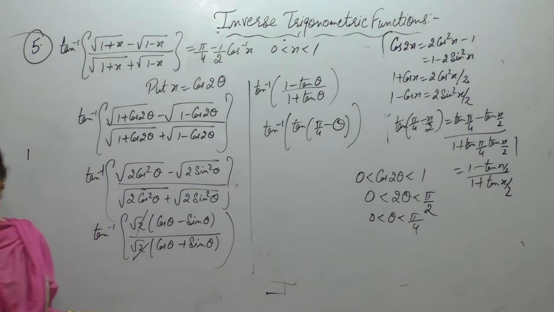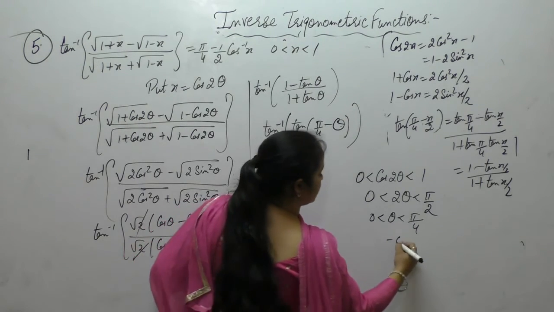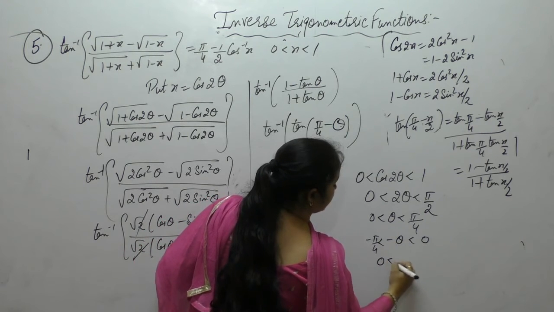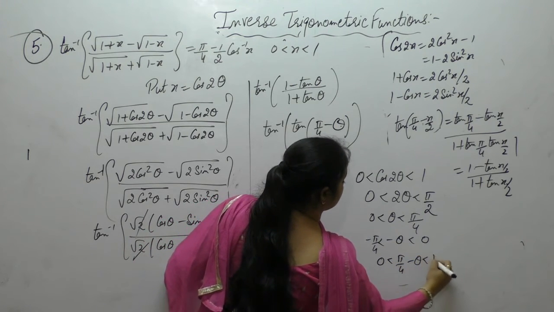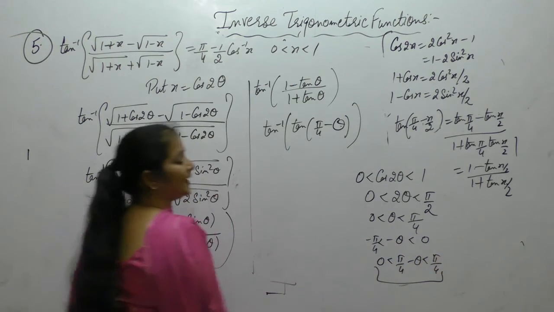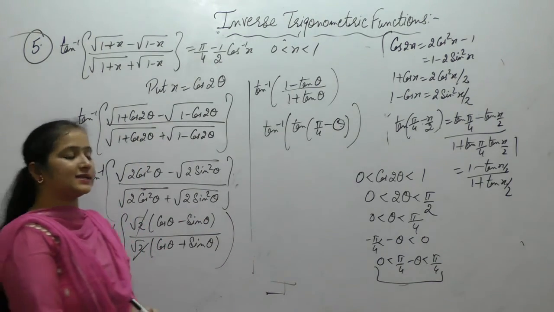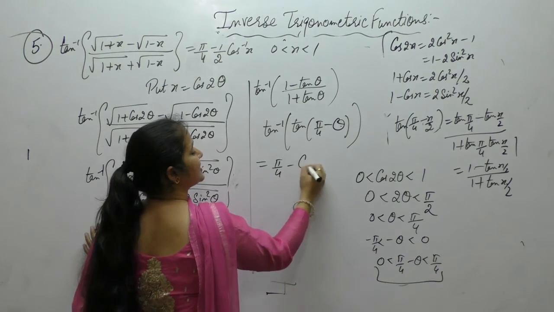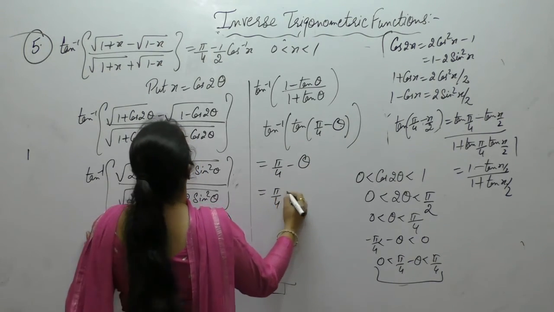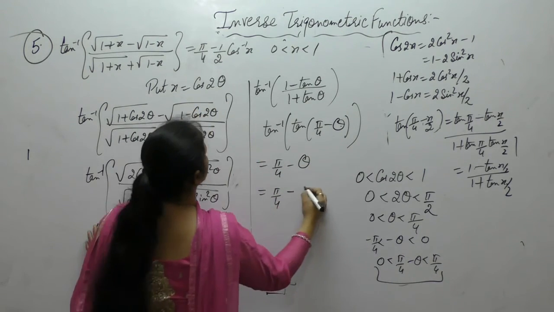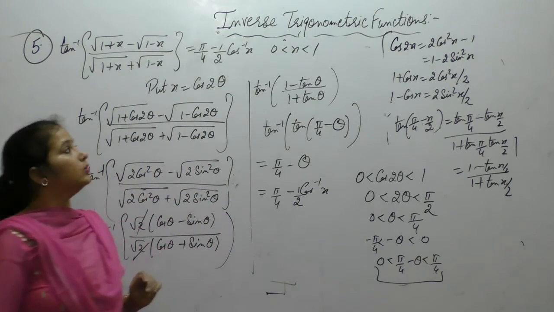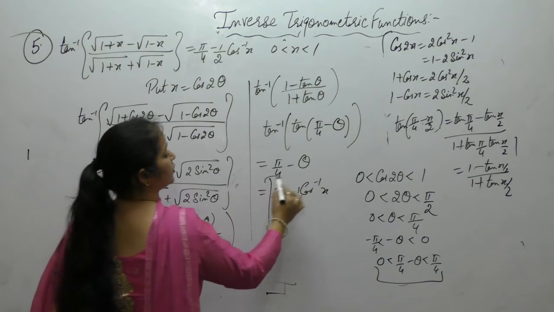Now tan inverse tan theta will be equal to theta. Add pi by 4, so pi by 4 minus theta lies between minus pi by 2 to pi by 2. So tan inverse tan of (pi by 4 minus theta) is equals to pi by 4 minus theta, and theta is equals to 1 by 2 cos inverse x. So this is what we wanted to prove.